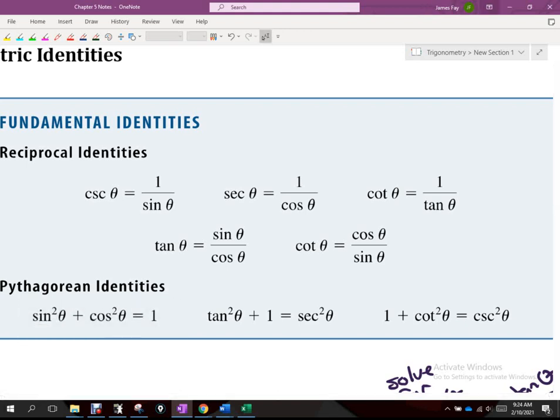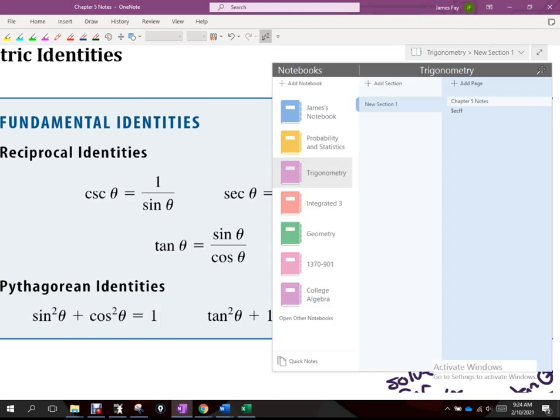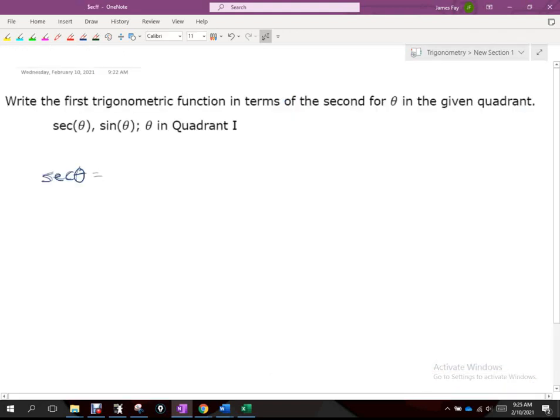So in practice, a lot of these involve us using multiple identities. After we do a lot of these, it's very rare that you make one substitution and you're there. We're going to do multiple substitutions.